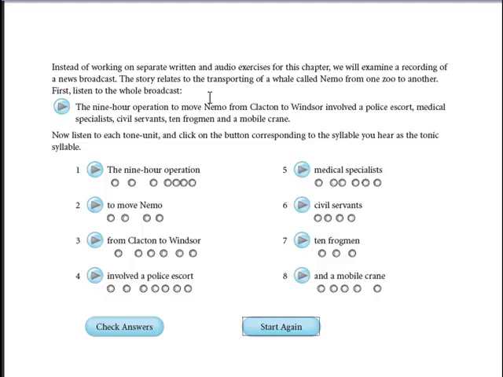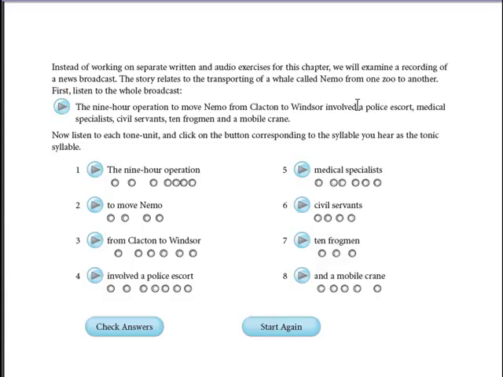We will first listen to the whole broadcast and then listen to each tone unit. A tone unit is a phrase that has at least one tonic syllable, and a tonic syllable is the last prominent syllable in the tone unit where the tone change begins.